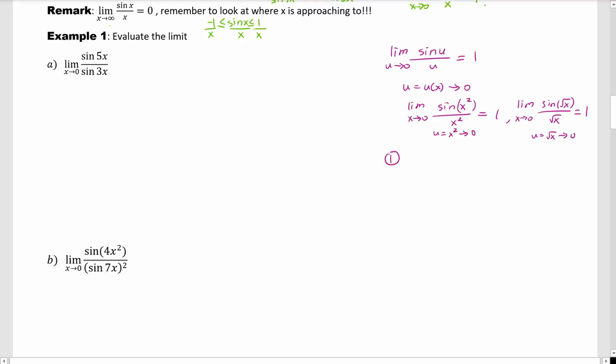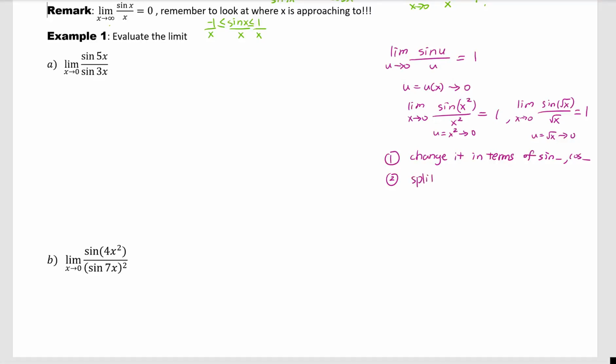Okay? So, I would say first step: if your functions are not in terms of sine x, change them in terms of sine and cosine. Second, we're going to split the factors.